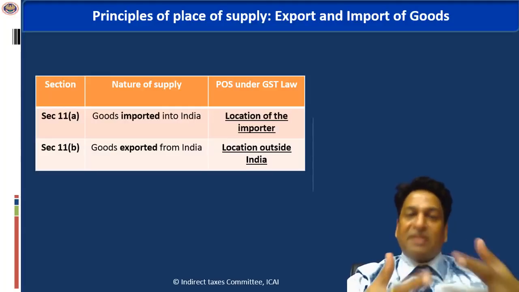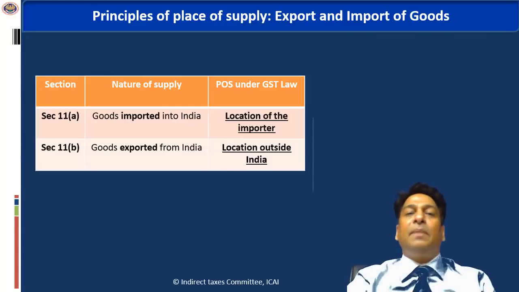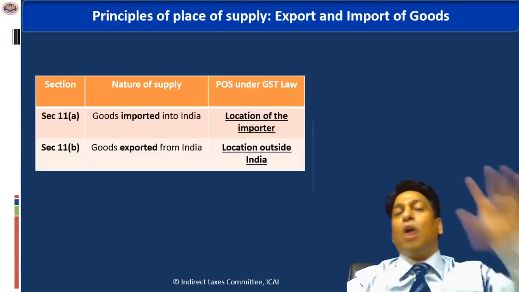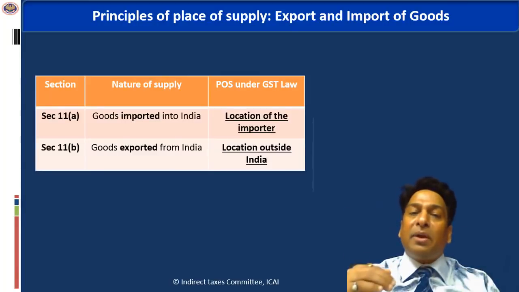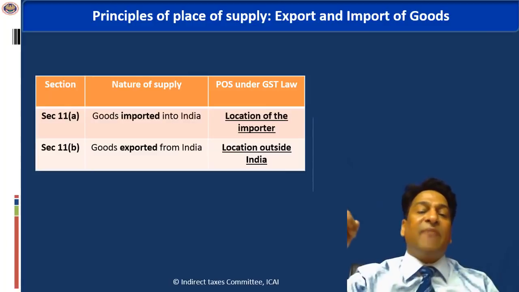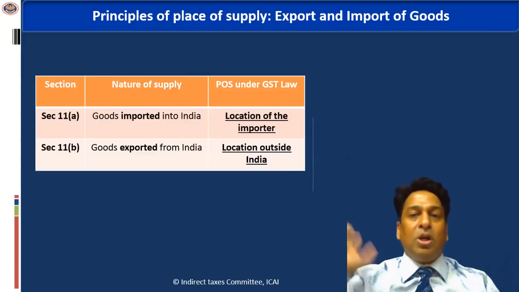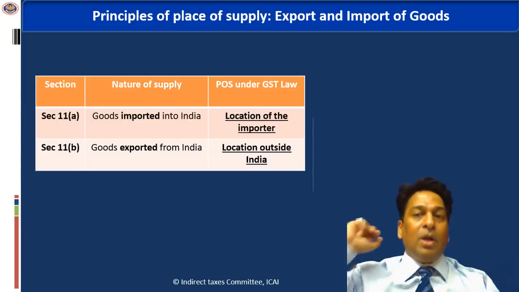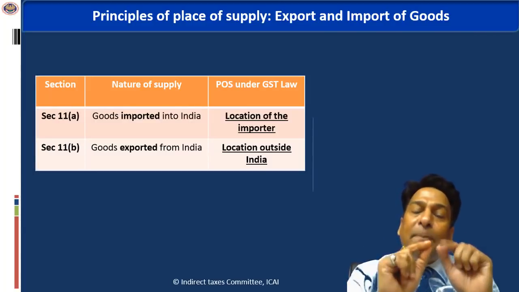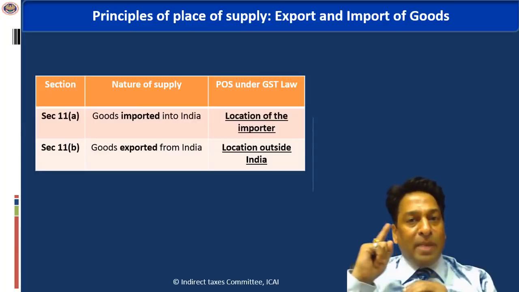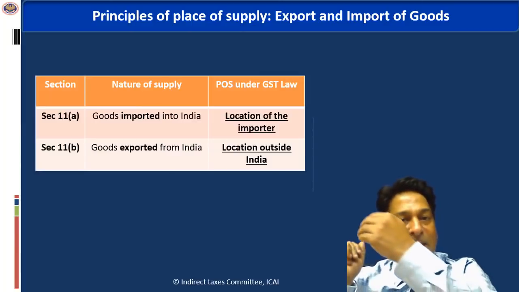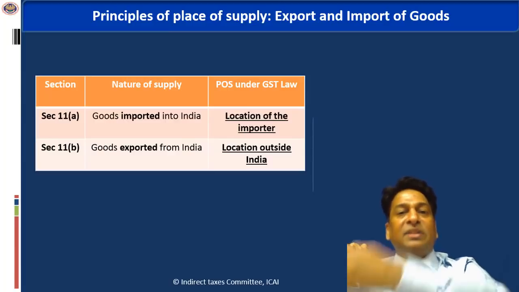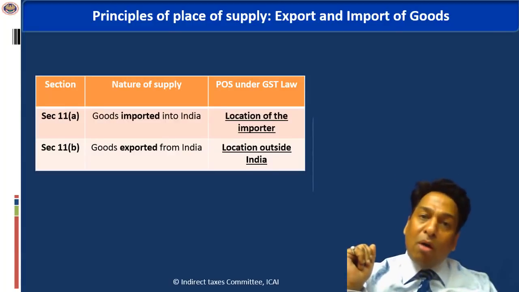To explain this transaction, let's take an example. I'm an importer, registered in Gurgaon, Haryana. I'm importing goods through Nhava Sheva, Maharashtra. So my goods are coming from Nhava Sheva, Maharashtra. Tell me, what would be the place of supply? Is it going to be Maharashtra because goods are being cleared at the Nhava Sheva customs port and then taken from Nhava Sheva to Gurgaon?